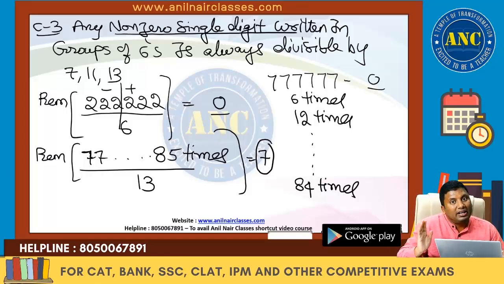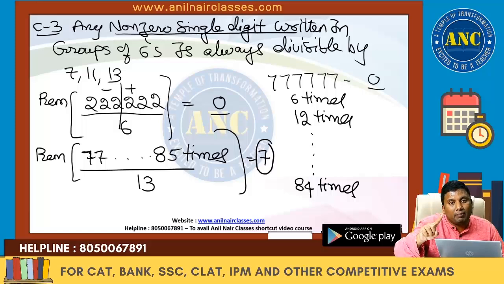I hope the divisibility rule for 7, 11, 13 is clear. Are you all with me? 7, 11, 13 is the basic foundation. Slowly I will scale it up. 3 important concepts. Start from right hand side. Take a group of 3 digits. Alternatively add and subtract. That is the divisibility rule for 7, 11, 13.